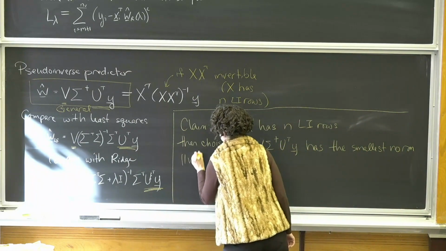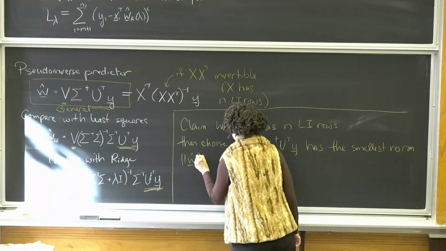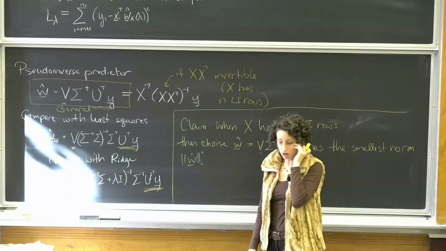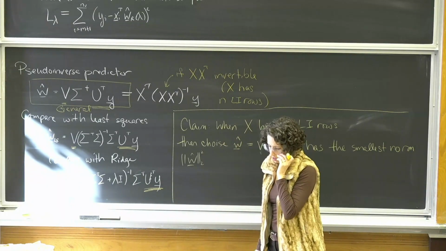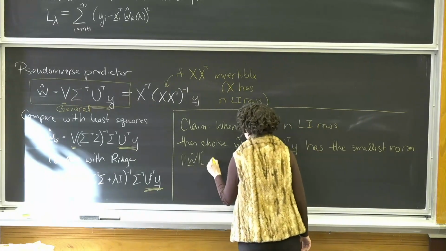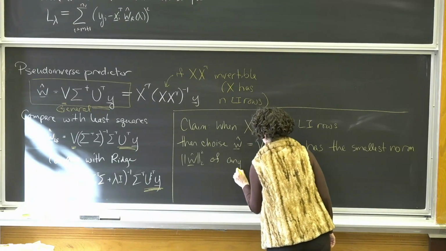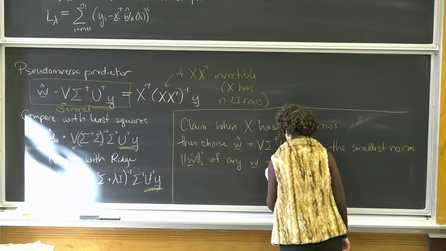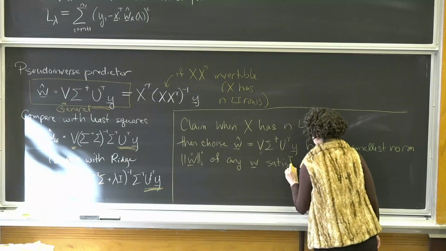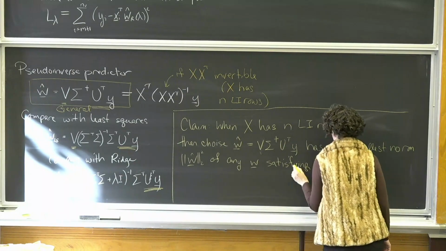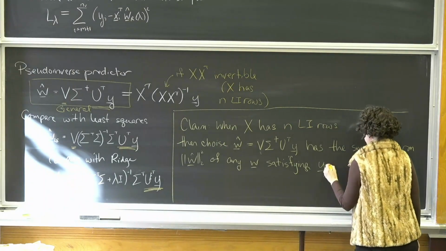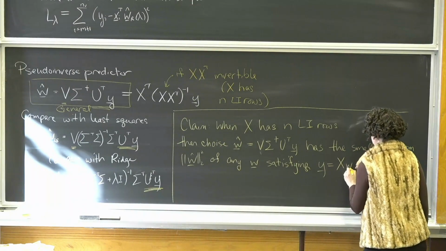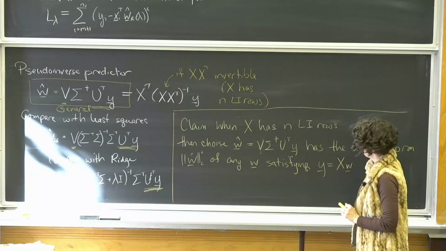So the 2 norm of W hat is going to be the smallest possible norm of any W satisfying our training labels y equaling x times w.